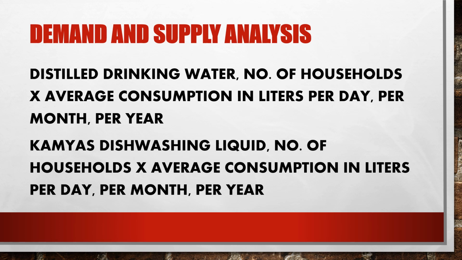These two example products are for family or household consumption, so our computation of demand starts with the number of households. These are products that are not bought individually, but per family.